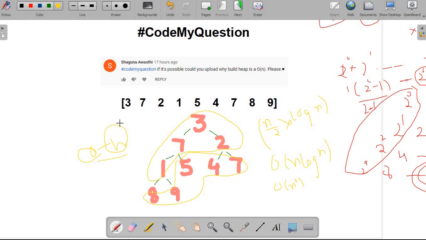So this is the range, and the height of the binary tree over here is log n. This is just a floor value in order to get the correct answer.